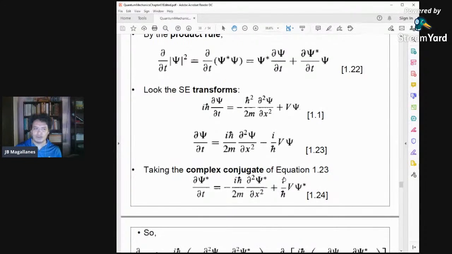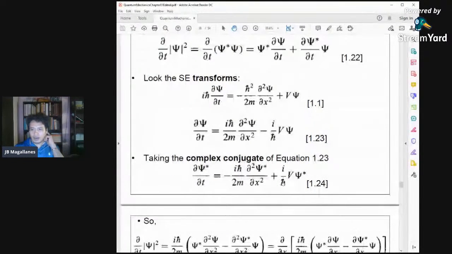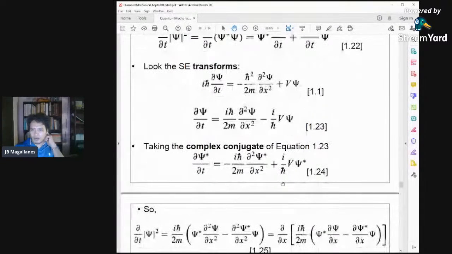So you have i over h bar times the potential times psi star. So you now have an expression for this one and this one, and you can replace those expressions, 1.23 and 1.24.